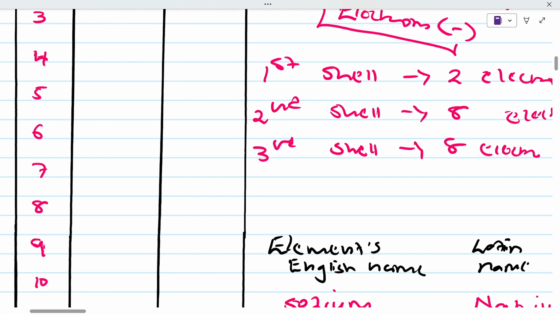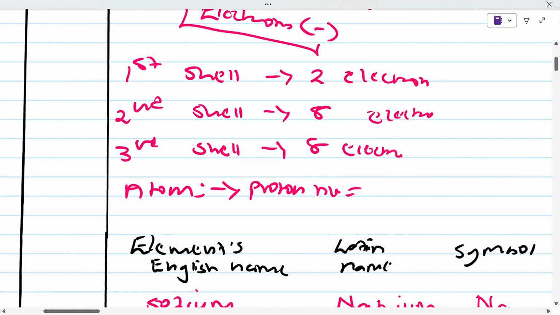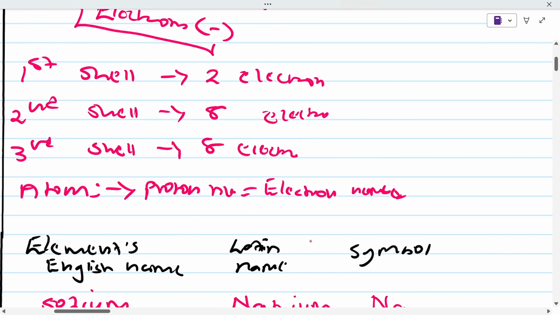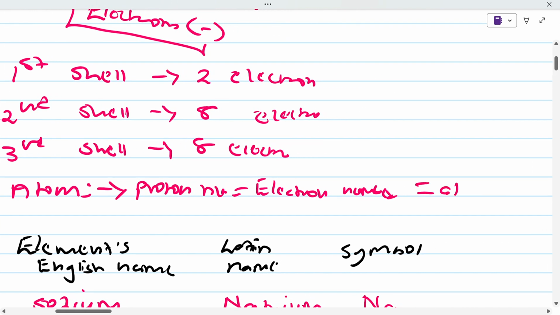The next thing that I want to say is that for an atom, proton number is the same as electron number, and this is the same as atomic number.